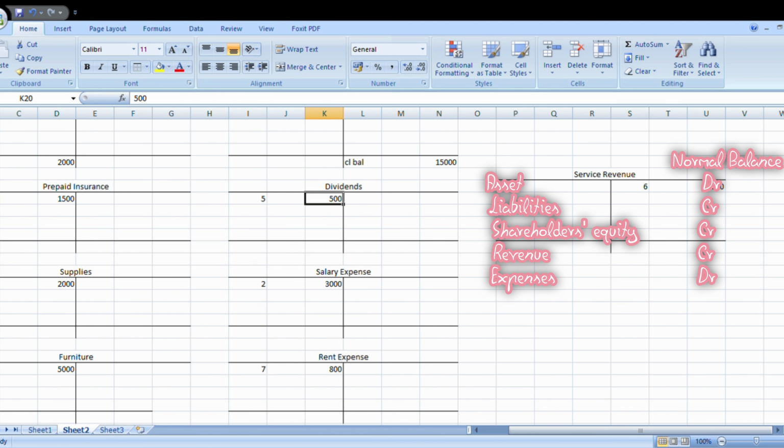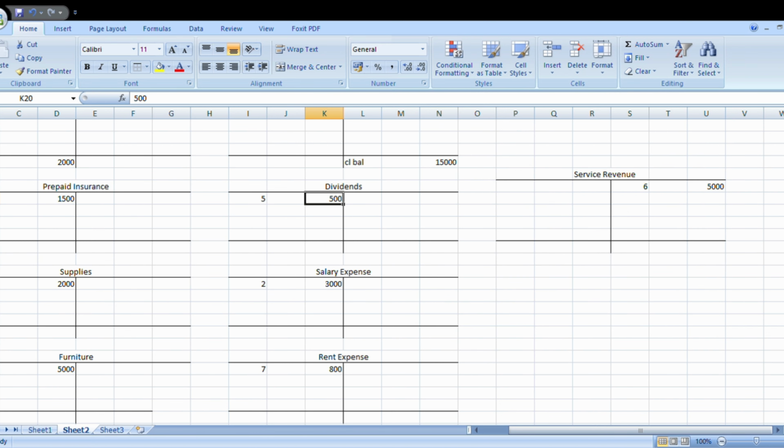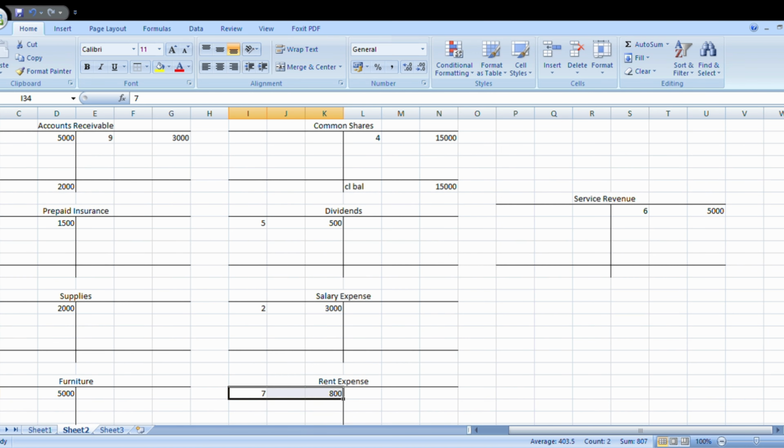Expenses have debit balance because increase in expenses are always debited. So we know that normal balance for expenses is also debit. So you will find it here. Debit balance for salaries expense, debit balance for rent expense. Revenues have normally credit balance. So you find it here that in this account it is having a credit balance.